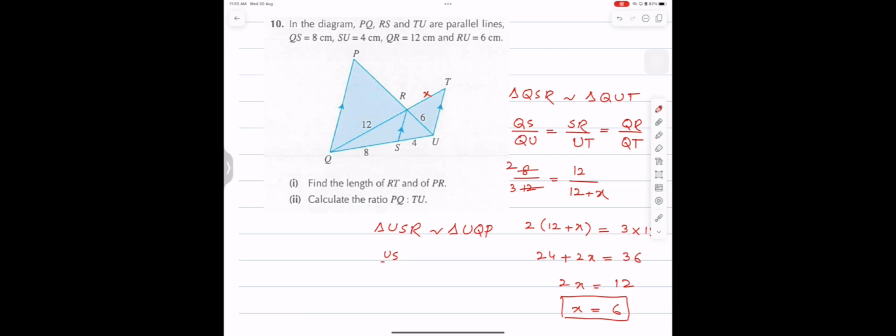US over UQ, or you can write 4 over UQ, which is 12.